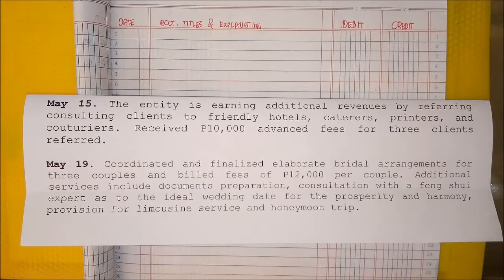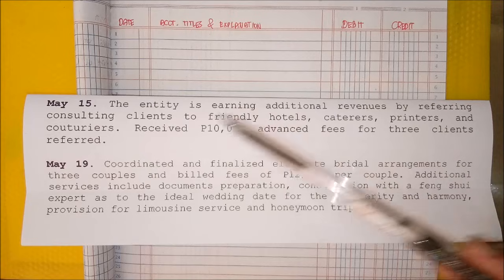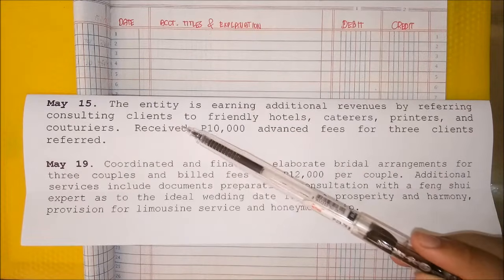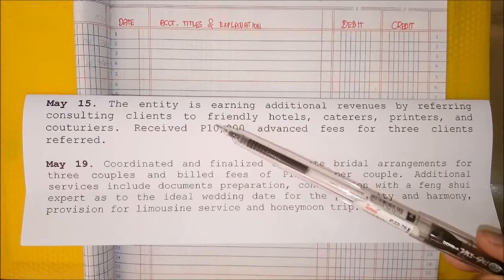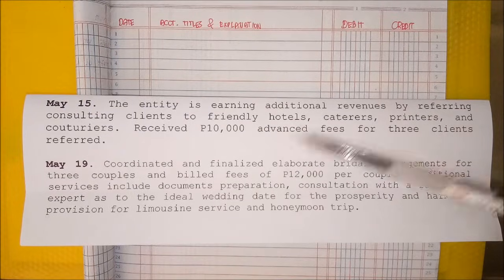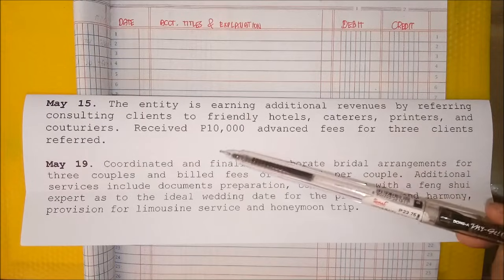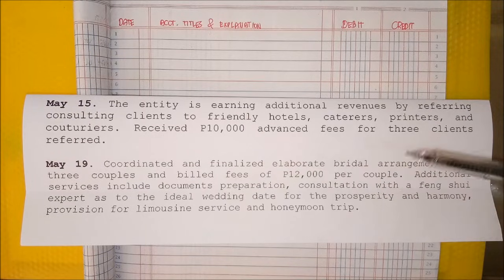This is an example of unearned revenue, meaning nagbayad na yung client in advance ng 10,000 pesos pero sa part naman ni business entity, hindi pa niya nare-render or hindi pa completely rendered yung service sa kanyang kliyente. Ang extensive discussion ng unearned revenues ay pagdating natin sa adjusting entries.